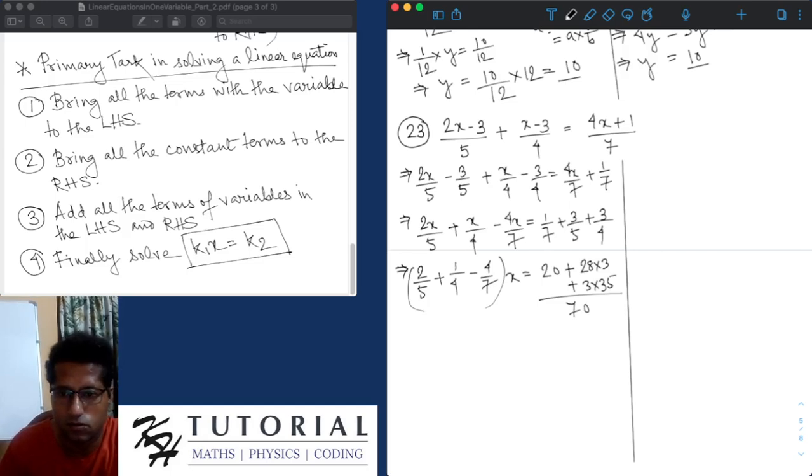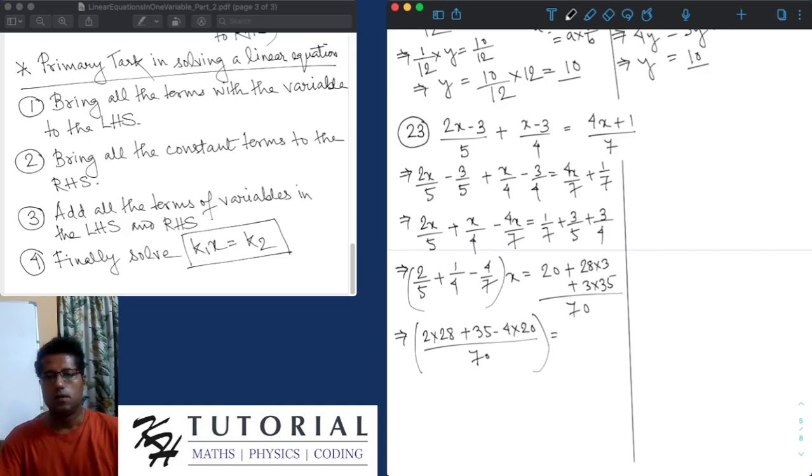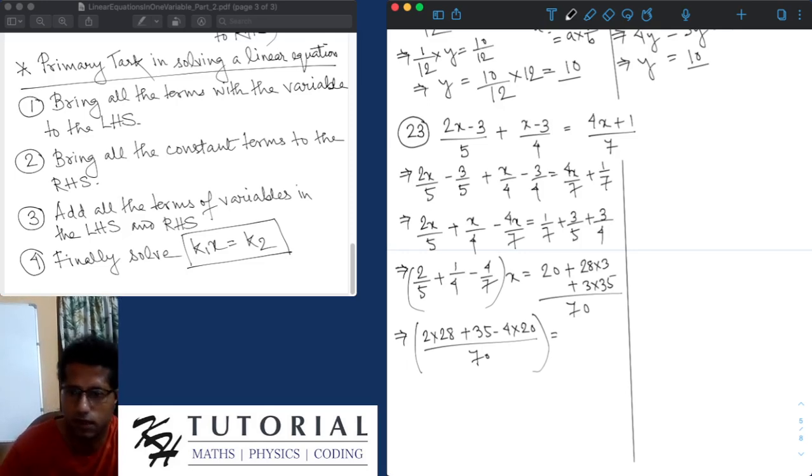And also the LHS becomes, the LCM will also be 70, and it will be 2 into 28 plus 35 minus 4 into 20, by 70 equals, now this is a long computation, but anyway we have to do it.